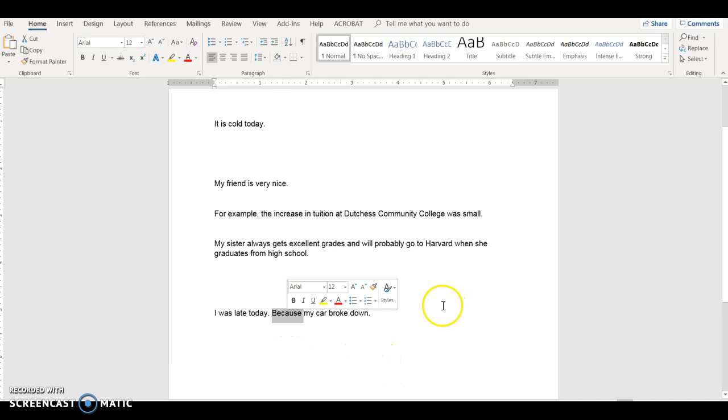Remember, subordinators like because, when, while, before, all of these words need to have not only their own subject and verb to go with the subordinator, but a separate clause, an independent clause with its own subject and verb. That's what makes the sentence complete.